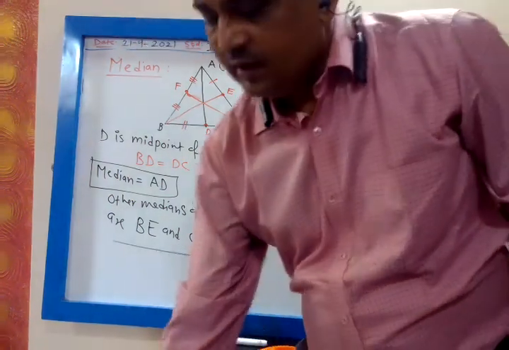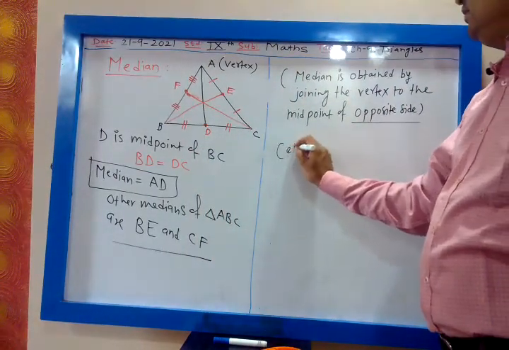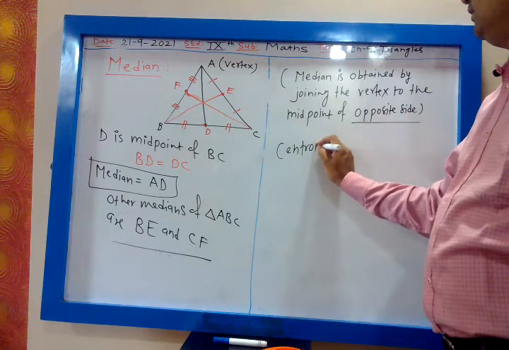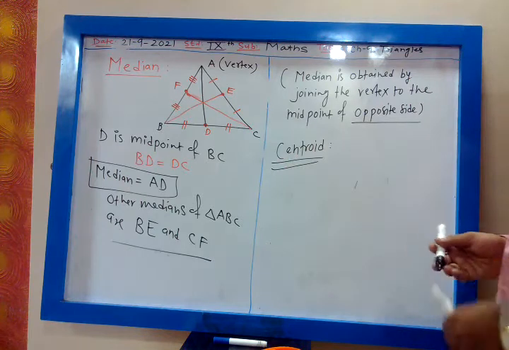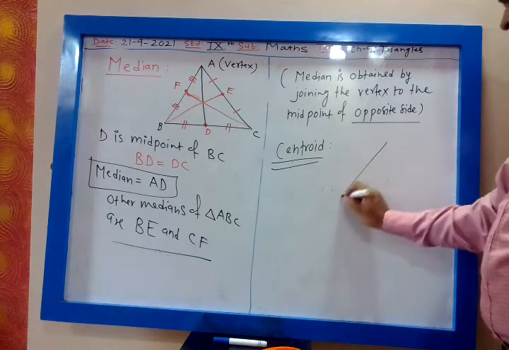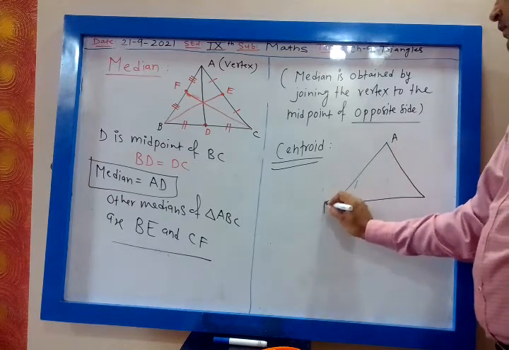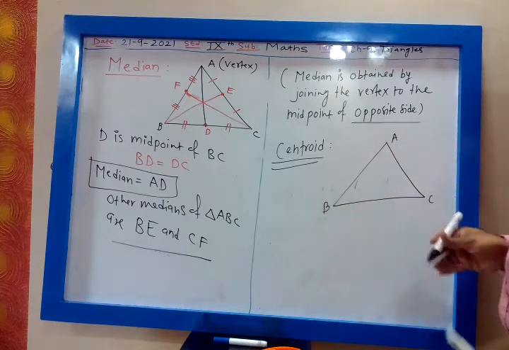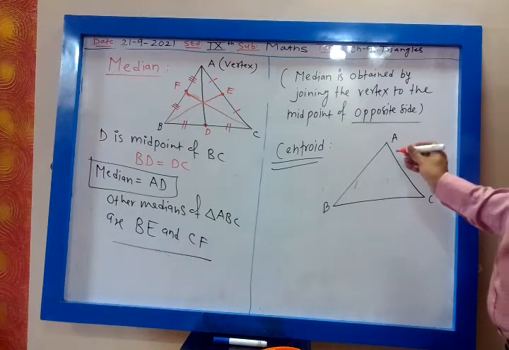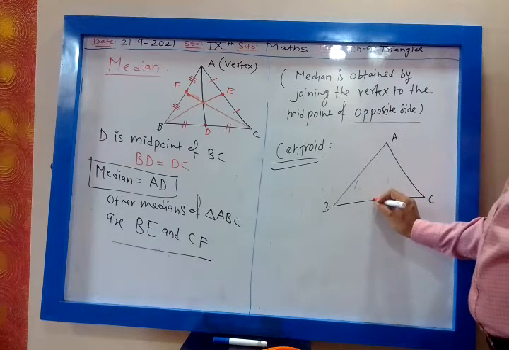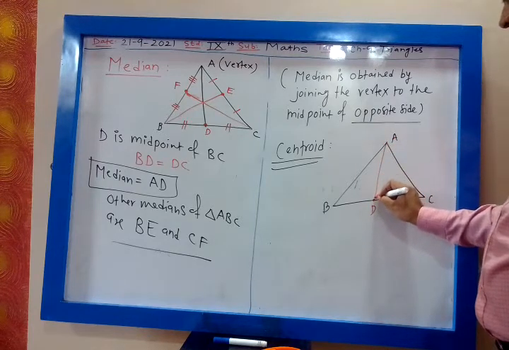Okay. Then we have the concept of centroid. So let us draw the triangle ABC and find the medians of this triangle. So for this triangle, how many medians? This is the midpoint D. So AD is a median.